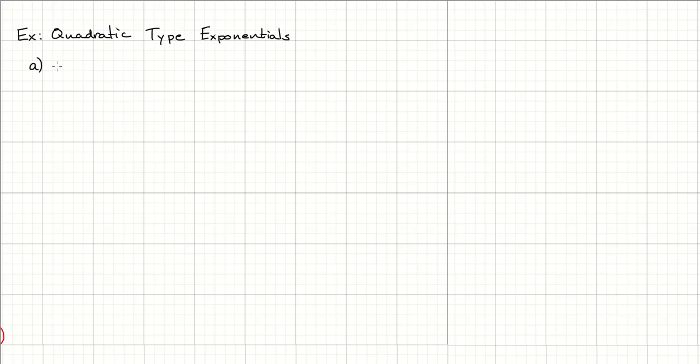So, hypothetically, let's say that we are solving e to the power of 2x minus 3e to the power of x plus 2, and I want to know when is this equal to 0. Now, as we look through things, an easy piece to get goofed up on is that this looks so much harder, but it's really no different than things that we've seen.